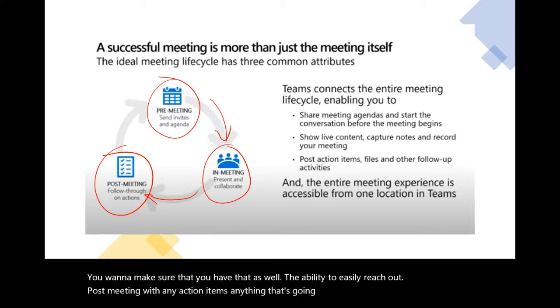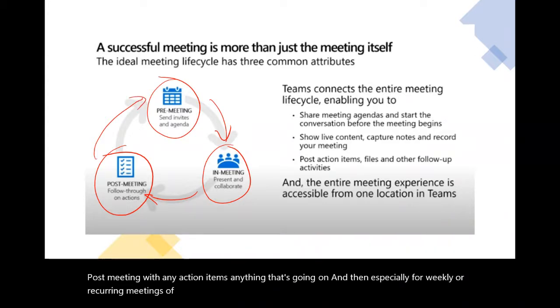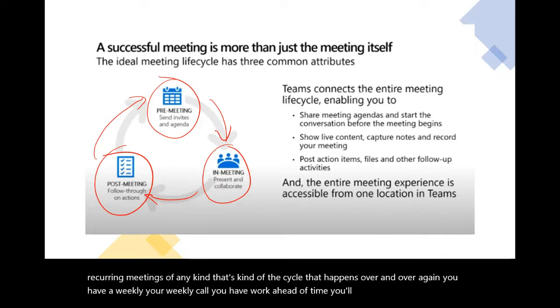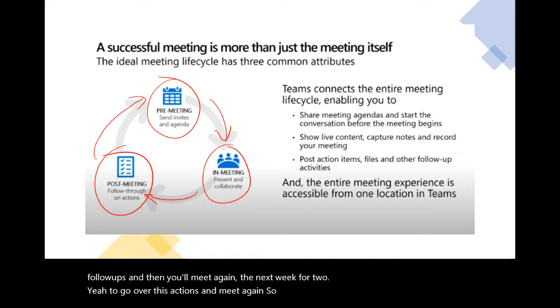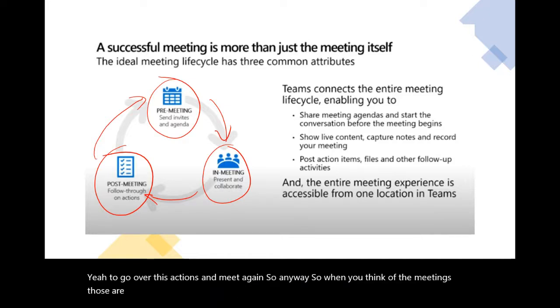And then especially for weekly or recurring meetings of any kind, that's the cycle that happens over and over again. Like you'll have your weekly call, you have work ahead of time, you'll meet, you'll send any follow-ups, and then you'll meet again the next week to go over those actions and meet again. So anyway, when you think of meetings, those are really the three. That's the cycle that we think about.